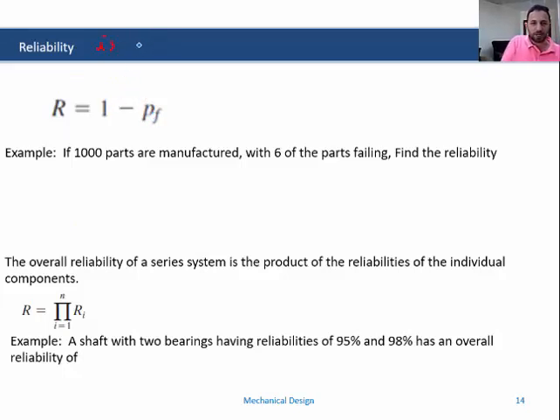So it is a statistical measure of the probability that a mechanical element will not fail. Okay, will not fail.